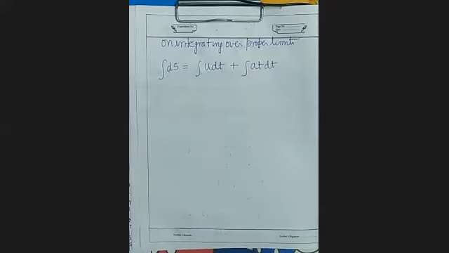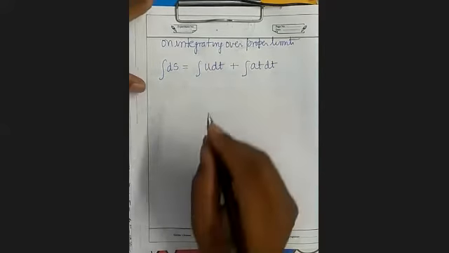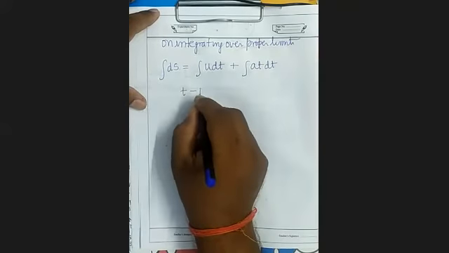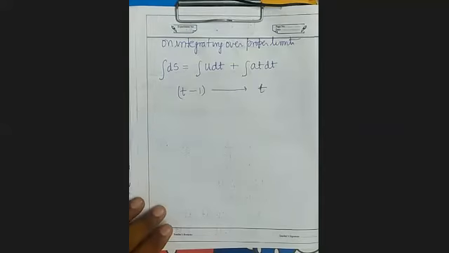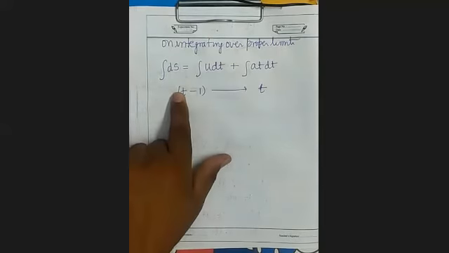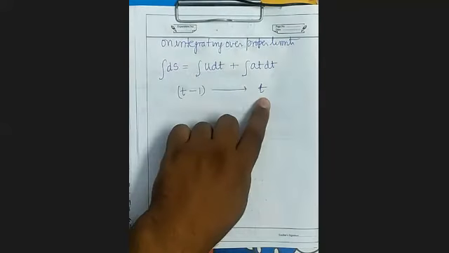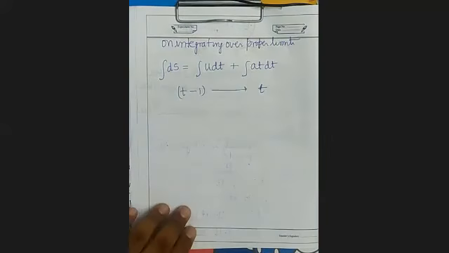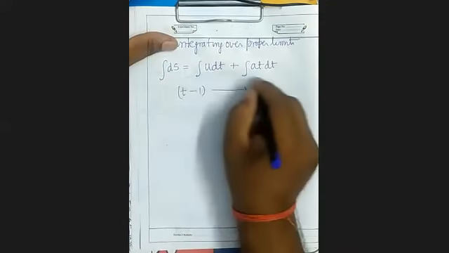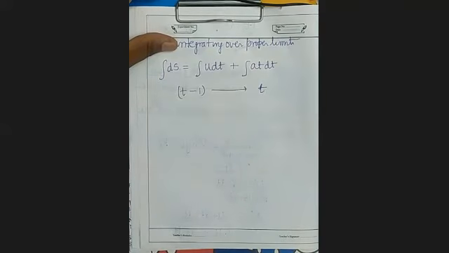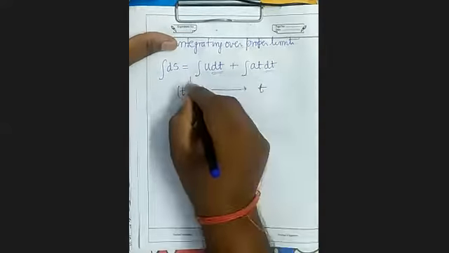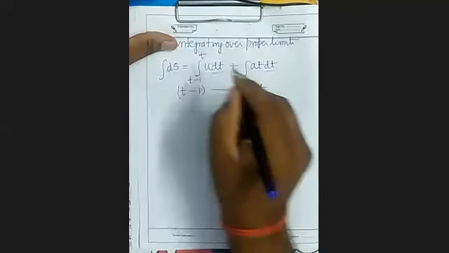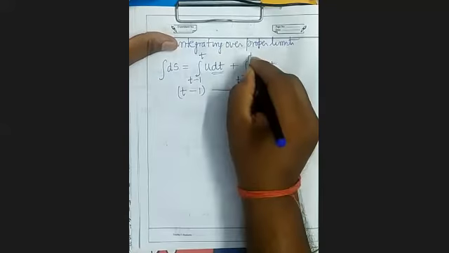Now all of you see here, we have to find the distance traveled from t-1 seconds to t seconds. Is it clear? Here we will substitute the limits of t. So what is the limit of t? Because it is integrated with respect to t, the lower limit is t-1 and the upper limit is t.